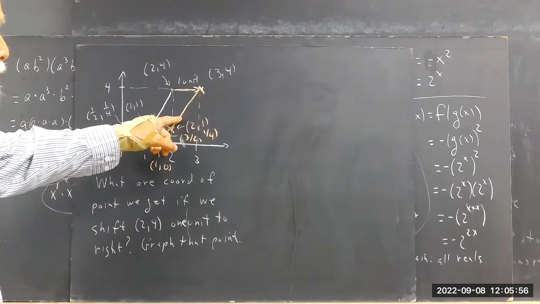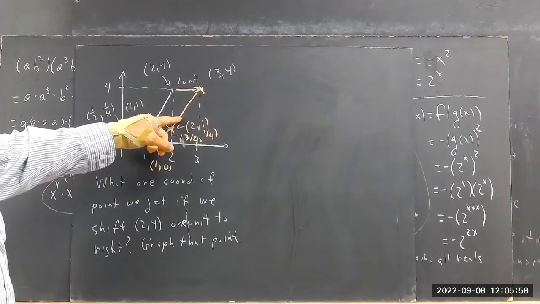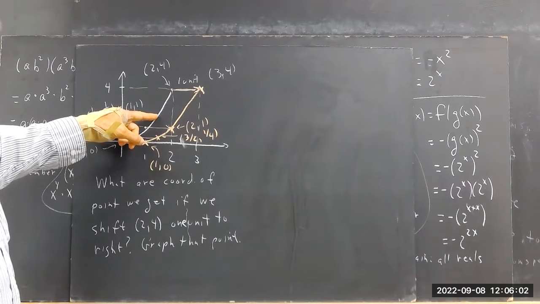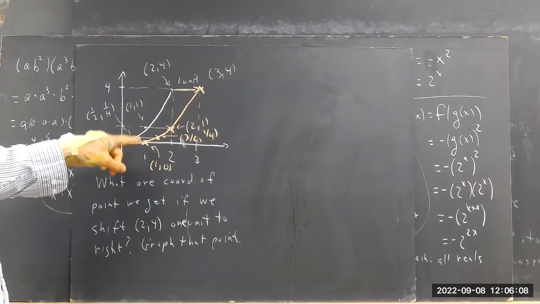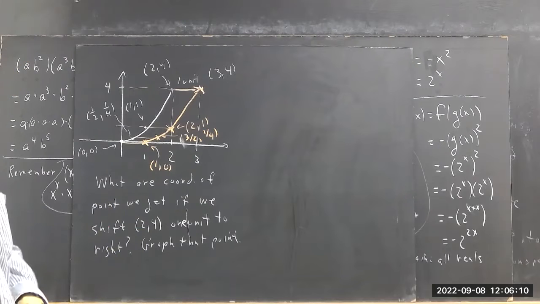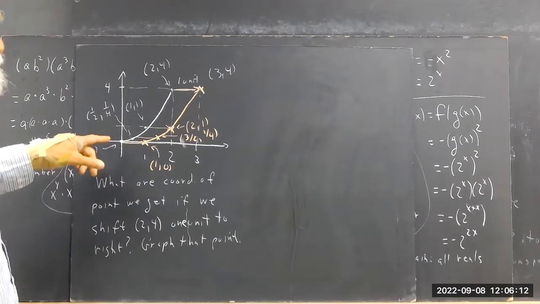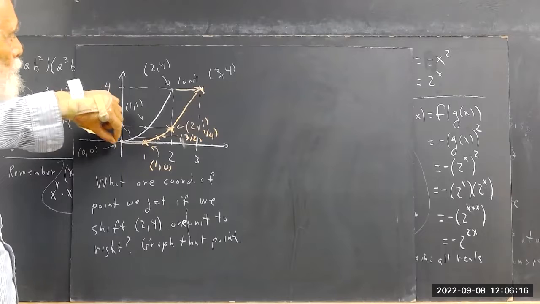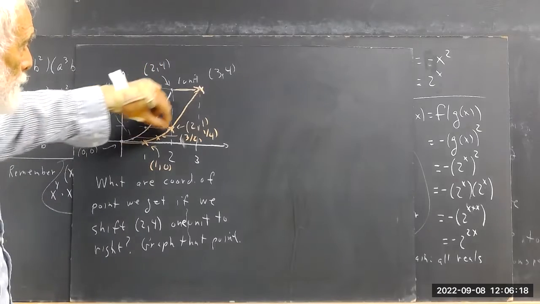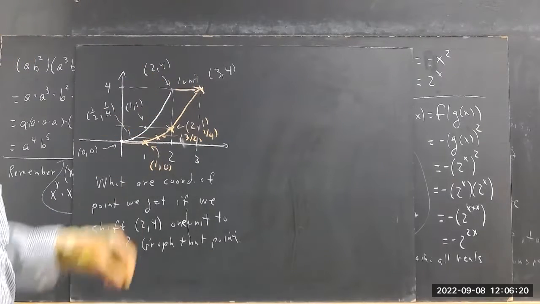Every point on this curve, if the curve is drawn perfectly, is going to be 1 unit to the right of this one, right? Because all these points are 1 unit to the right. So the whole curve, if you draw it in the same pattern, your 4 points are going to make exactly the same pattern here as they do here.